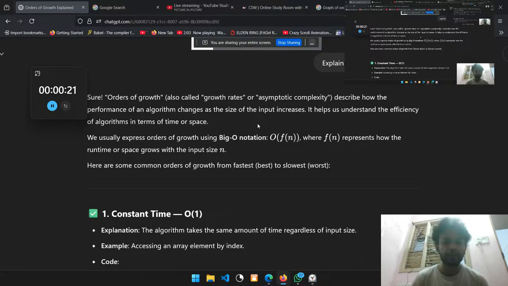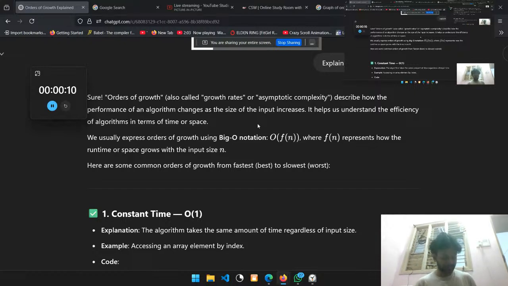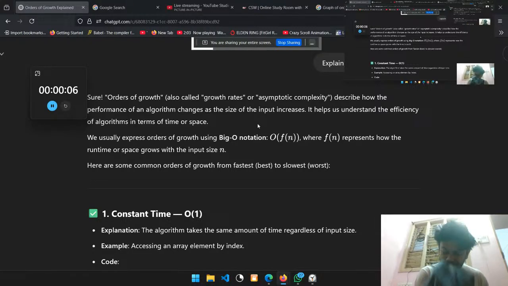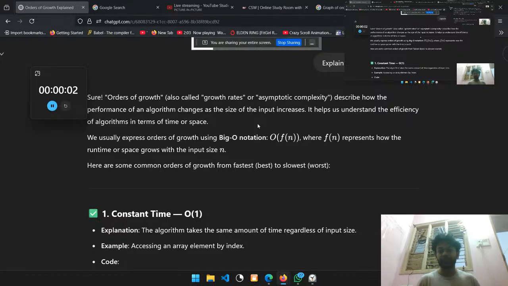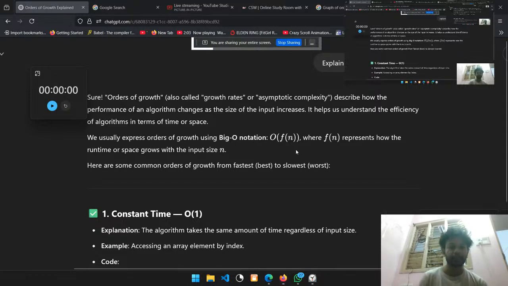It describes how the performance of an algorithm changes as the size of the input increases. It helps us understand the efficiency of an algorithm in terms of time and space.